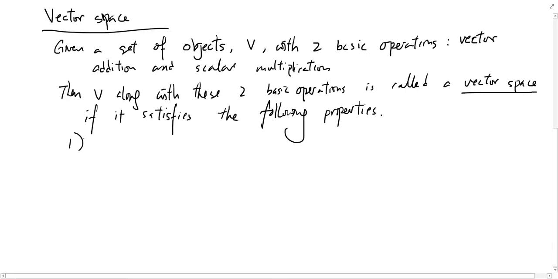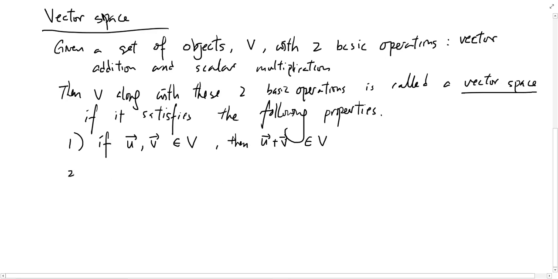Let's start with some of these. Some of these have names that you can write down for yourself. First, let's say I have two vectors, vector u and vector v, and they are both within V. Then what must be true is that if I add these two together, the sum must be in V. If you want to write it down, that's the closure property for vector addition.